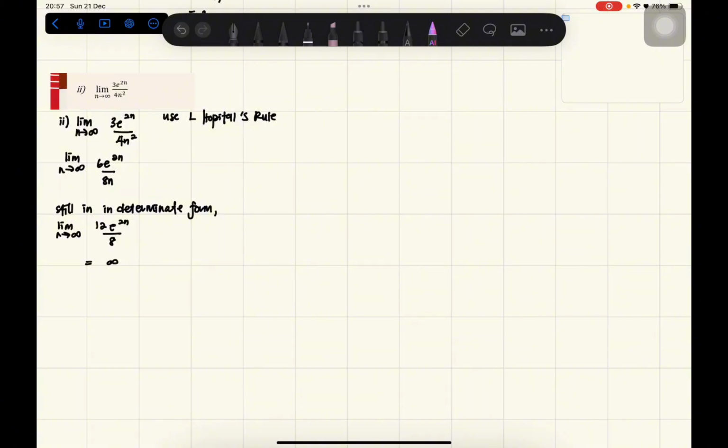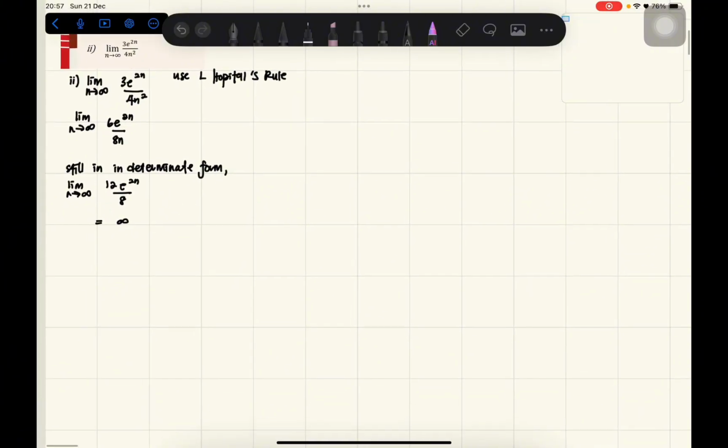So this will give you the answer of 6e to the power of 2n over 8n. Since this is still an indeterminate form, we apply L'Hopital's rule a second time.